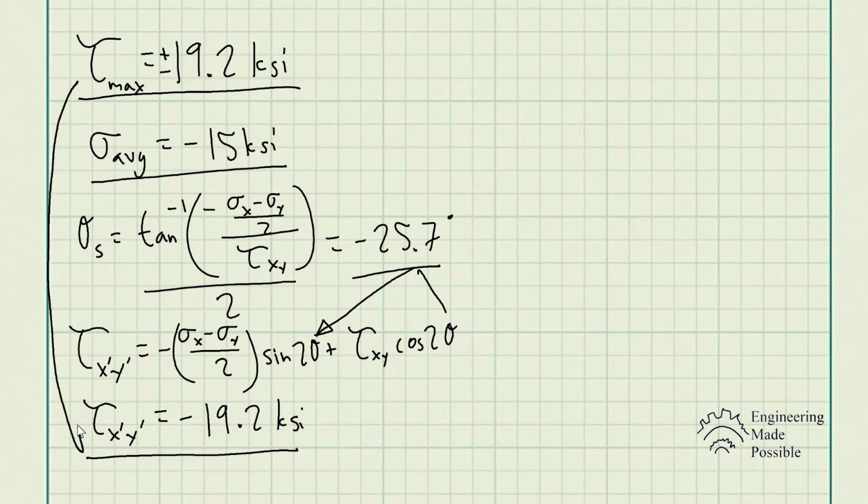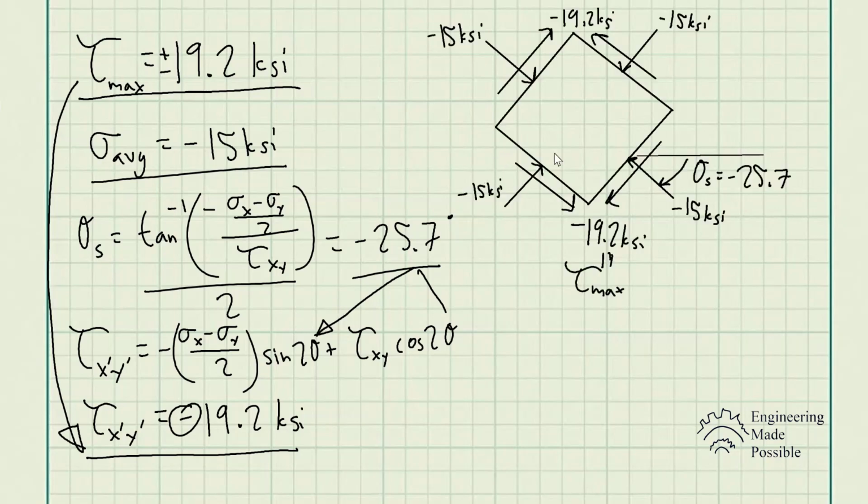So let's go ahead and draw out this element. Here is the element, ultimately having the average stress as compression along all the planes. We have the angle theta s equal to negative 25.7 degrees, and the maximum shear stress being negative 19.2 ksi.